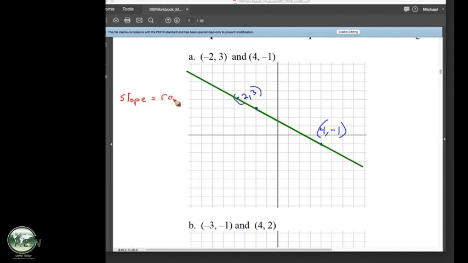What's a ratio? It's a division. It's a fraction, something over something else. So what would be an appropriate ratio when we're thinking of slope? X over Y. There we go.